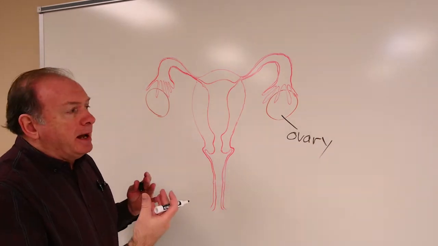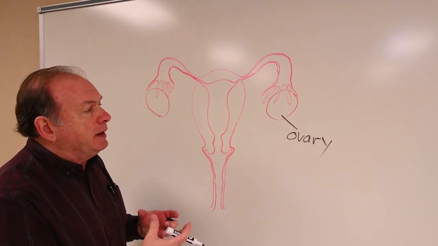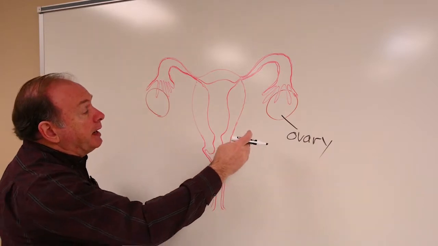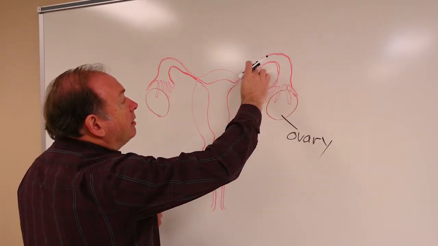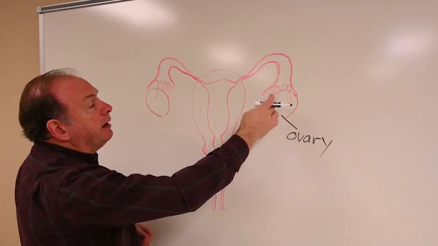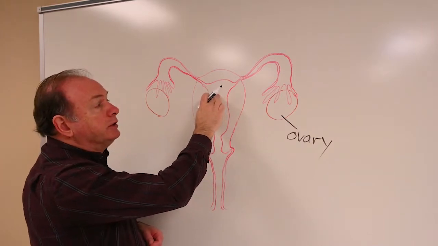They are situated out into the body cavity a bit, and they are surrounded by a type of mesothelium, which we'll talk about here in a little while. Next to that, we have the oviduct right here on either side. The oviduct will carry the egg cell that's released from the ovary up toward the uterus, right?